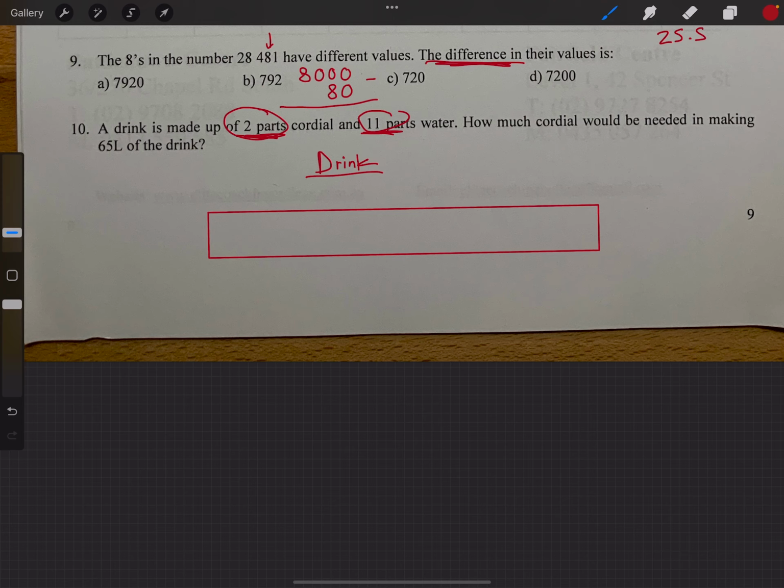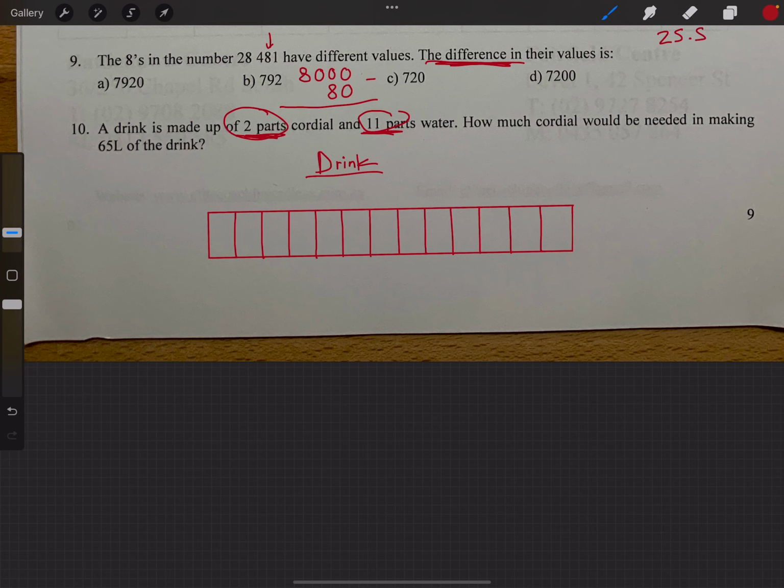So imagine if I cut this shape into 13 even parts. 1, 2, 3, 4, 5, 6, 7, 8, 9, 10, 11, 12, 13. There you go. You've got 13 parts.